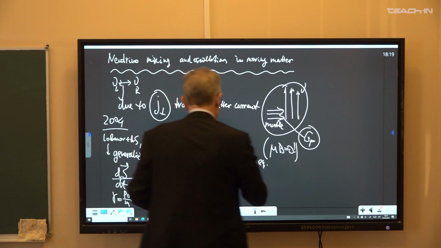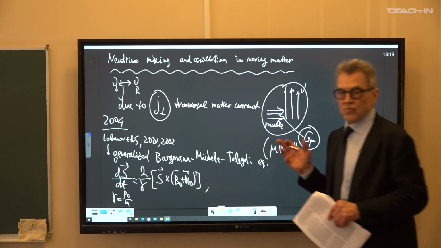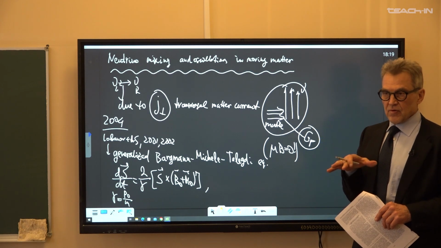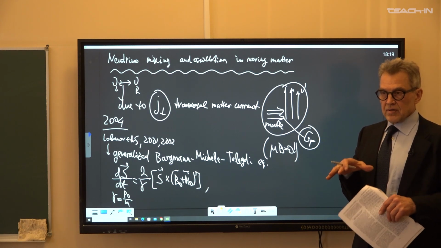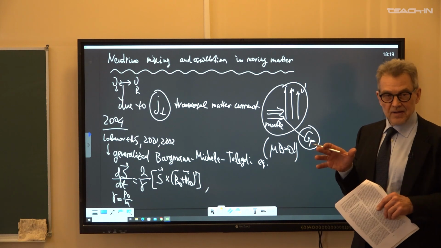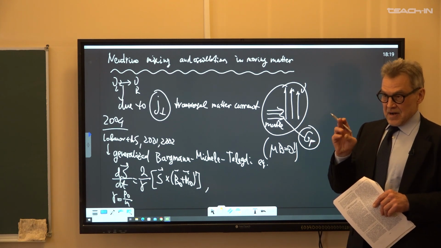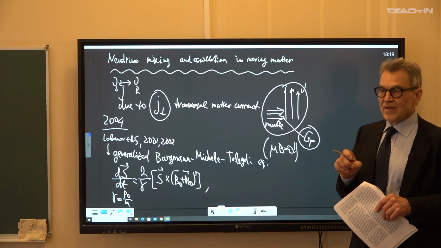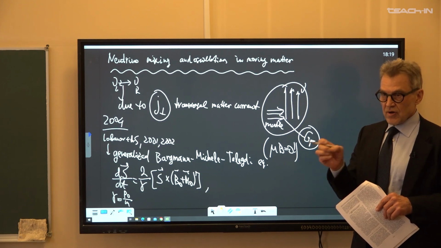So, there are two reference frames, yeah? One is the laboratory, where the observer is observing, yeah? And there is a reference frame related to the relativistically moving neutrino, yeah? There are two reference frames.